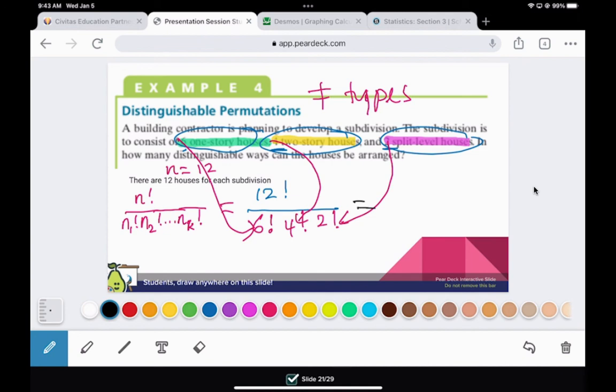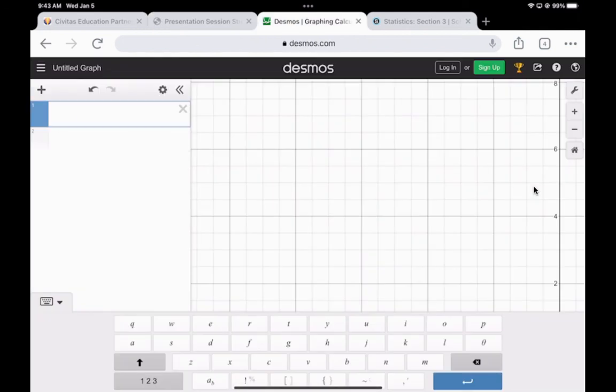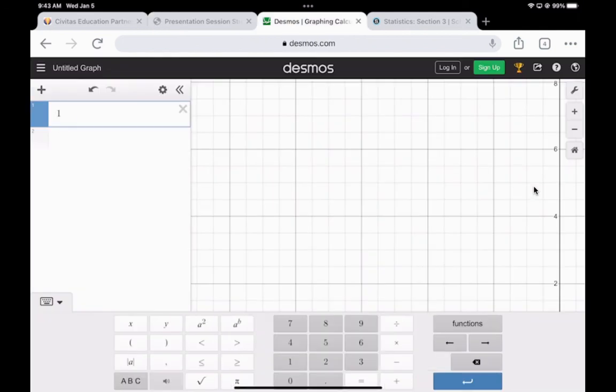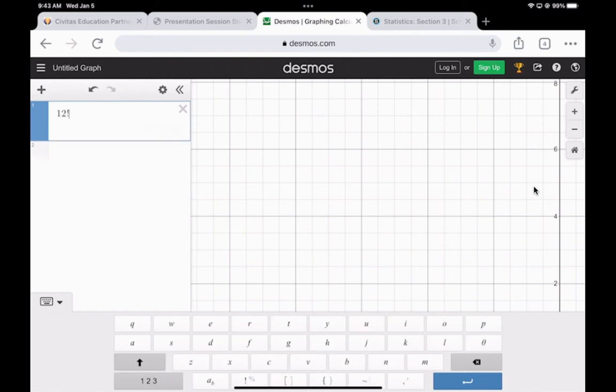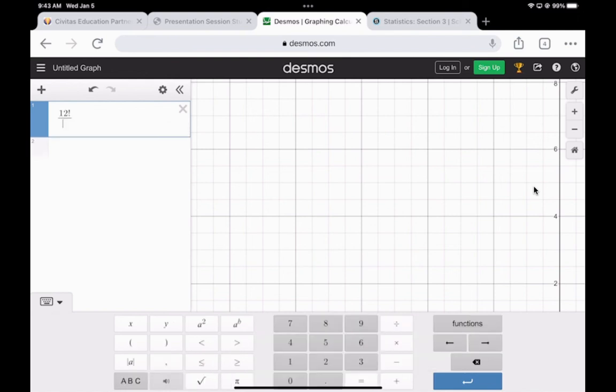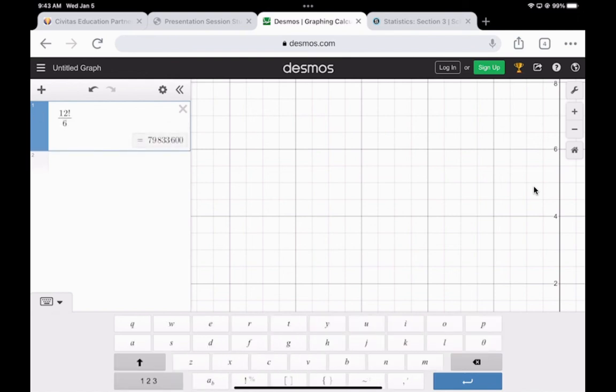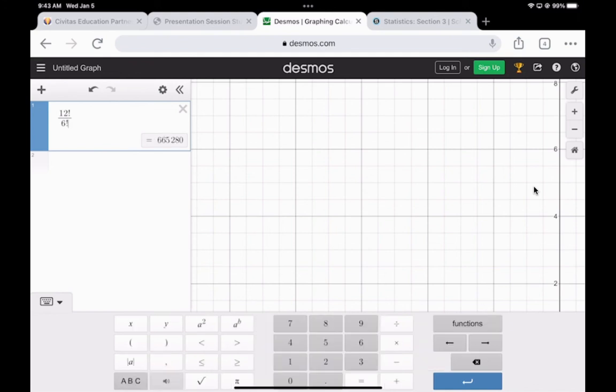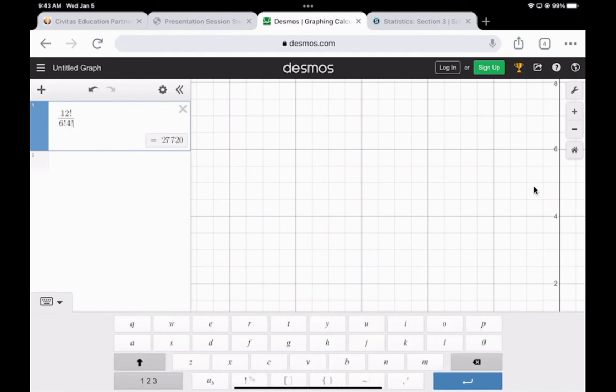Well, now this is just a matter of me putting it in the calculator. So I have 12 factorial, divided by 6 factorial, 4 factorial, then 2 factorial.